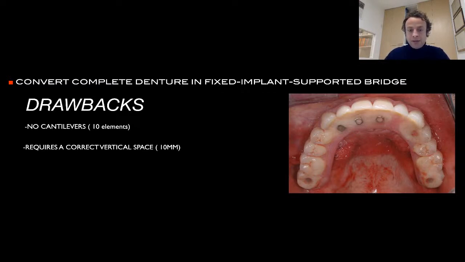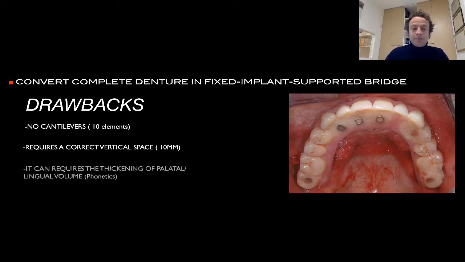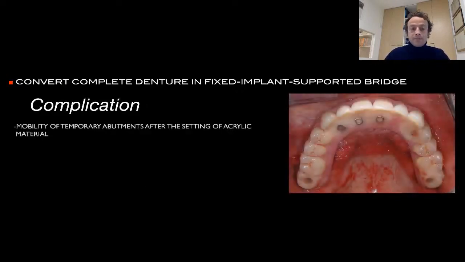So the biomechanical strength of this prosthesis has to be created from the volume of the acrylic. If we don't have enough volume, we need to increase the volume of the prosthesis to create something with good biomechanical features. In fact, sometimes it requires thickening of the palatal or lingual volume that, in some specific situations, could create small phonetic problems in the first weeks.